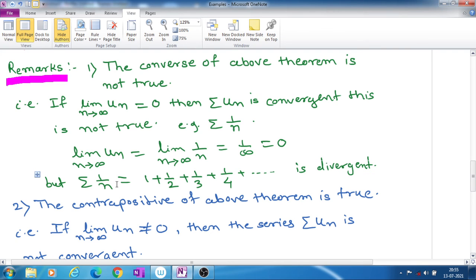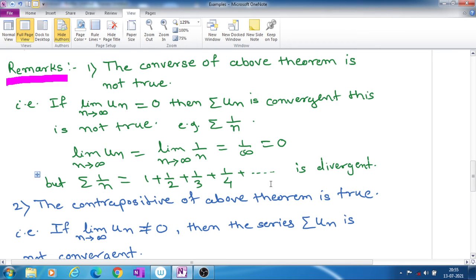So the limit of un is 0, but actually the series is 1 plus 1 upon 2 plus 1 upon 3 plus 1 upon 4 plus and so on. First term is 1 upon 1, second term is 1 upon 2, third term is 1 upon 3.